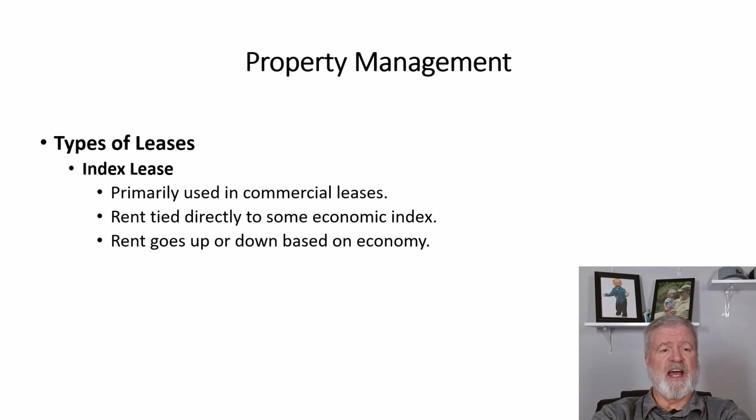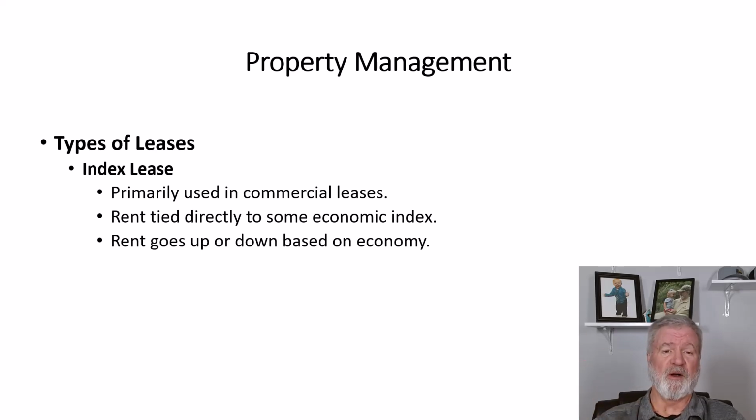You could have an index lease, which again is more common with commercial leases. This is a lease where the rent is tied directly to some economic index, more than likely the consumer price index, the CPI. As that index goes up, so does your rent.